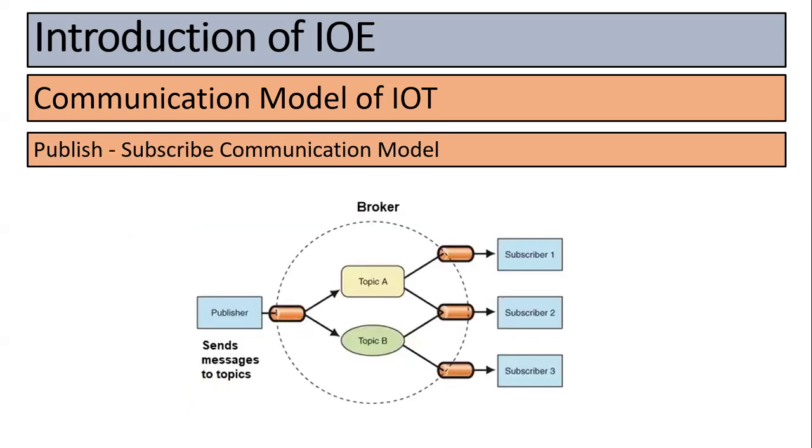Now the second is the publish-subscribe communication model. Now what is the publish-subscribe communication model? In this you can see there is a publisher, then there are brokers, and then there are consumers available. Publishers are the source of data.